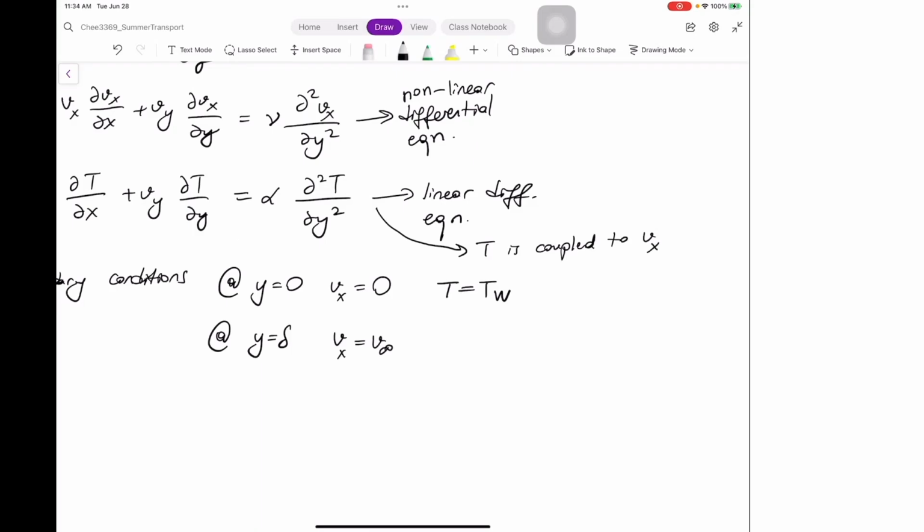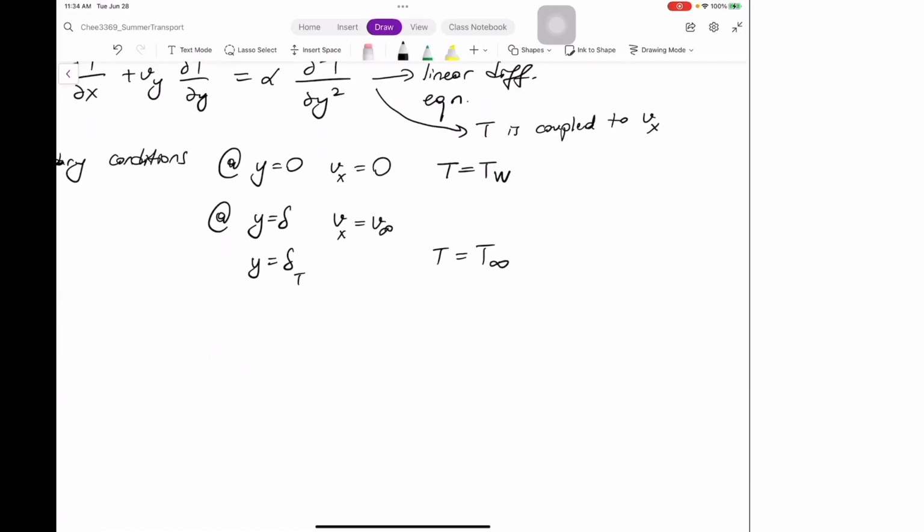But what about the temperature? At y equal to delta t, the temperature is equal to T infinity. Again, a fixed value for T and a fixed value for V.